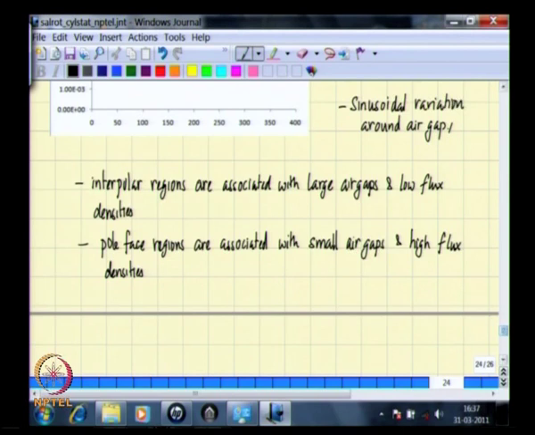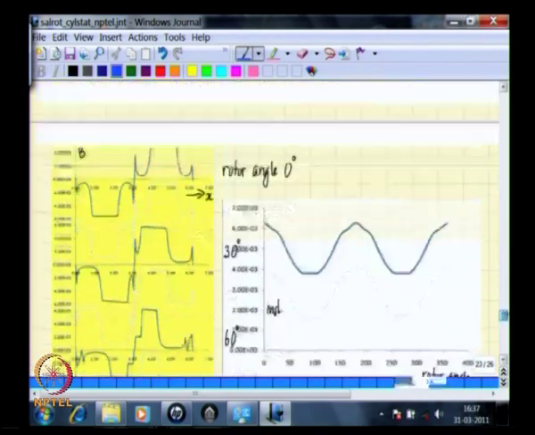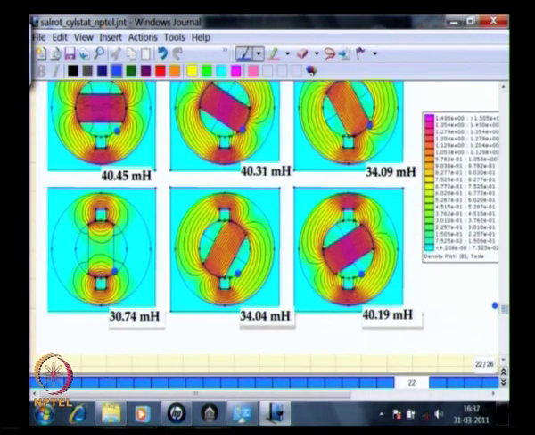And where the interpolar region will occur and where the pole face will occur will depend upon where the rotor is. At any given angle, that may be an interpolar region or it may be a pole face region. So, that depends on the rotor angle.